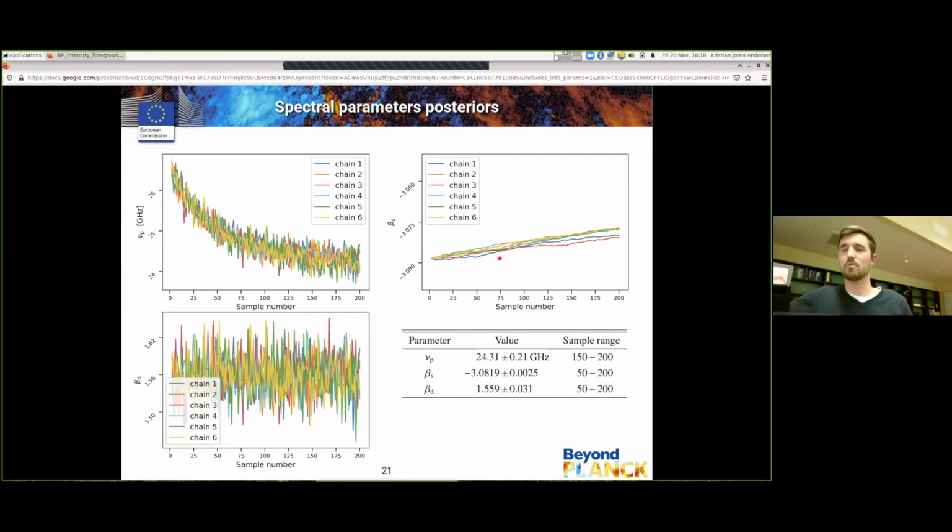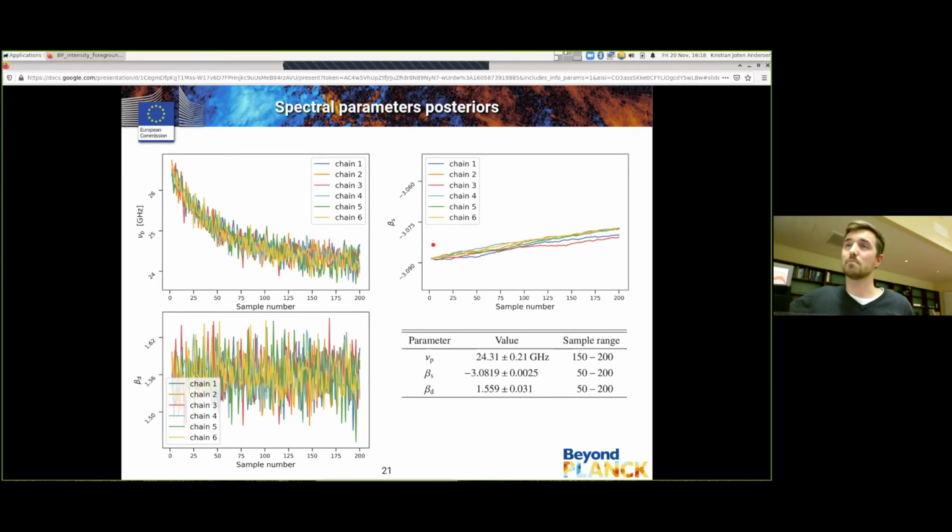One is that maybe we have a poor choice of pivot frequency that correlates with other components, so that the entire correlation length between samples gets really, really long.